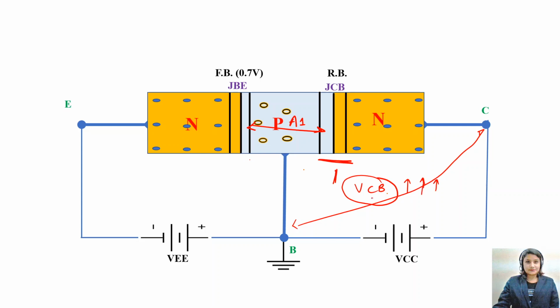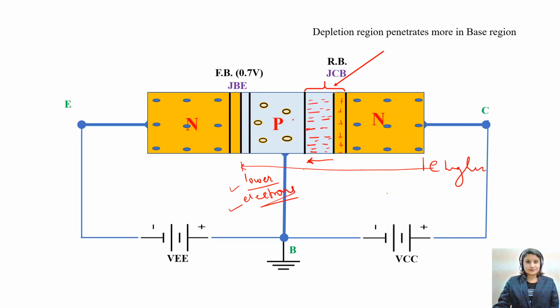right? If I increase VCB, more and more the collector base junction is becoming reverse biased, and since it gets reverse biased, you can see the depletion region widens. If it widens, can you see the base region A2, the area of the base now has reduced compared to the previous.